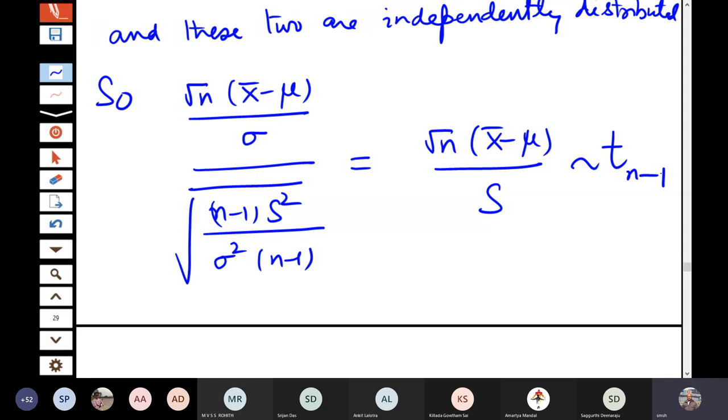Is it clear? So note here that root n (x bar minus mu) by sigma follows normal 0, 1. And if we replace sigma by the sample standard deviation, then it is T distribution on n minus 1 degrees of freedom.